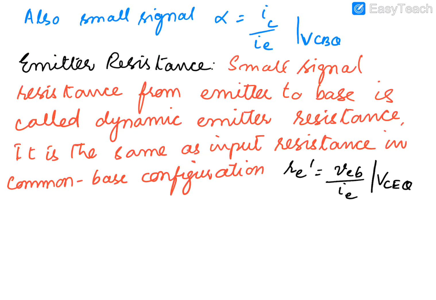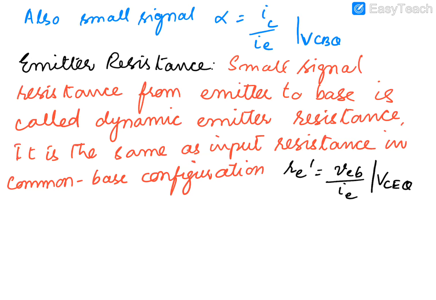Also, small signal alpha is equal to the change in collector current divided by the change in emitter current at a fixed value of VCB, the collector to base voltage. Next is emitter resistance. Emitter resistance is also important because it is the resistance from emitter to base terminal and is also called dynamic emitter resistance.